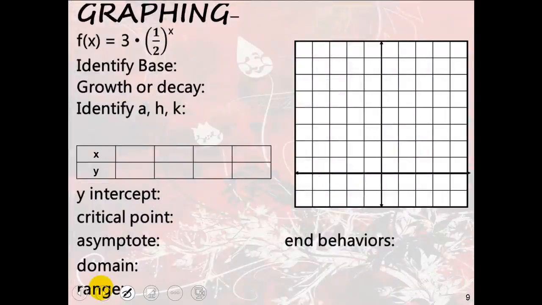Okay, let's try another one. We have f of x is equal to 3 times 1/2 to the x. So my base is a half. It's less than 1, so this is going to be a decay. That means that we're going to be sweeping downward like this. Our graph is going to be curving downward, okay?